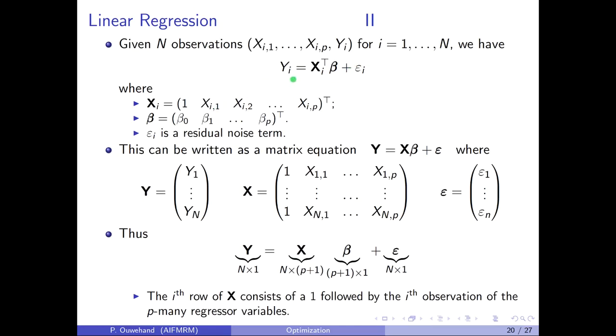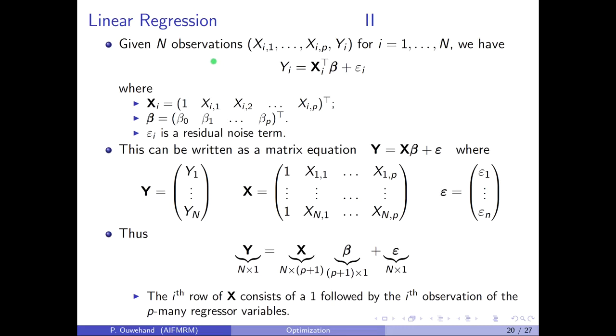Here the row of xi's consists of 1, xi1, xi2 up to xip, and the vector beta consists of beta 0, beta 1 up to beta p. And as I said, epsilon i is just a noise term.